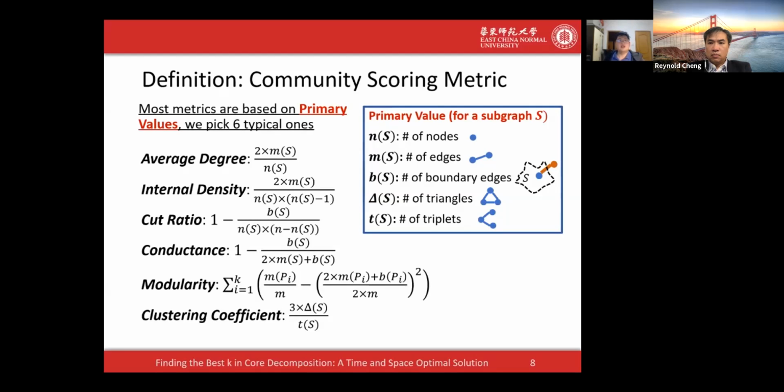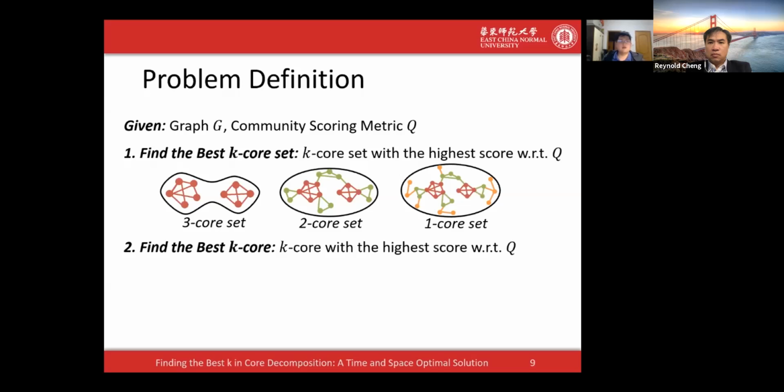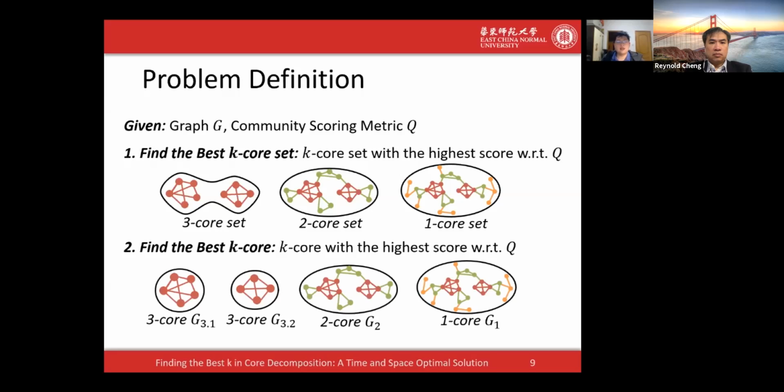Here, for each metric, if we have a higher score, then the subgraph quality is better. Here is the problem definition. Given graph G and community scoring metric Q, we want to first find the K-core set with the highest score. And second, we want to find the K-core with the highest score. And the difference is about the connectivity.